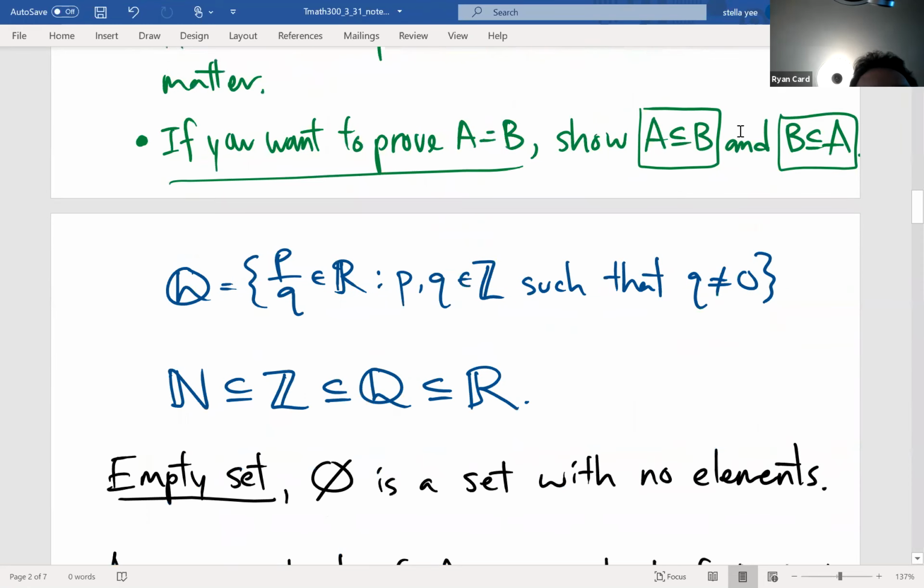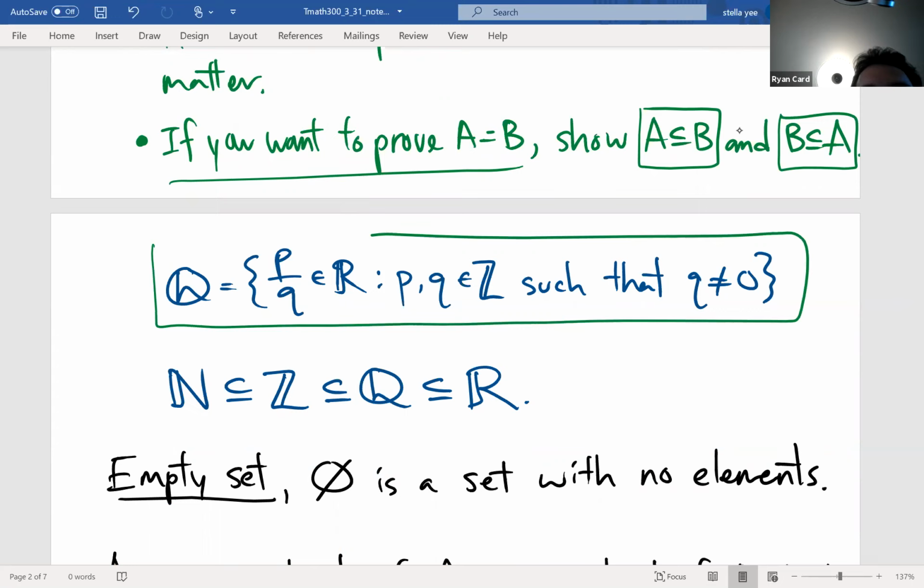Another set that we'll talk about in this class is the set of rational numbers. We usually use the blackboard font Q for this. So any number P divided by Q, where P and Q are integers, such that the denominator is not 0. So any real number that could be written this way is considered a rational number.